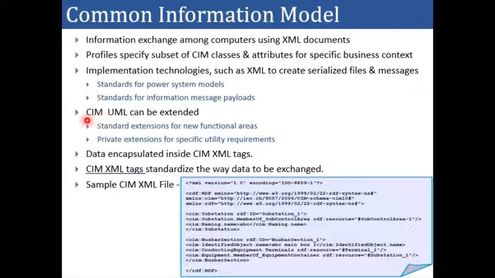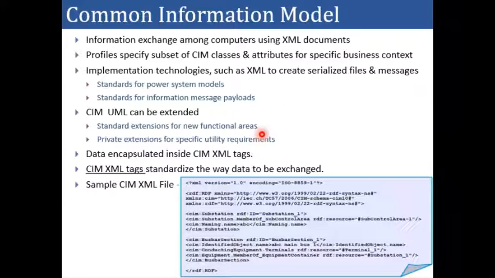Now here the CIM UML, that is the figure which we just saw in the previous slide, this CIM UML can be extended. So that means that you can extend the class or create a new class.